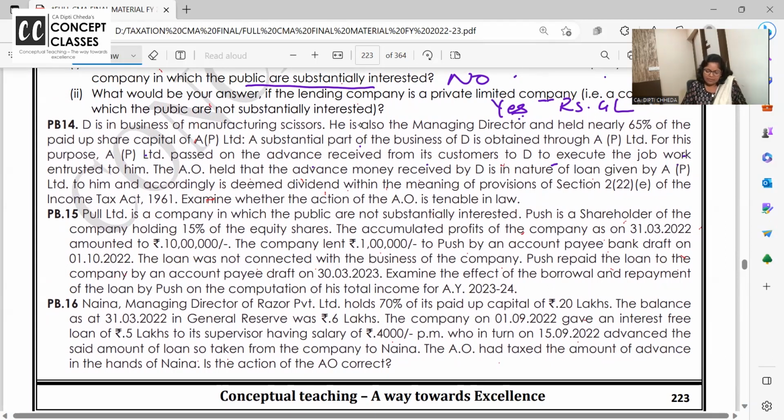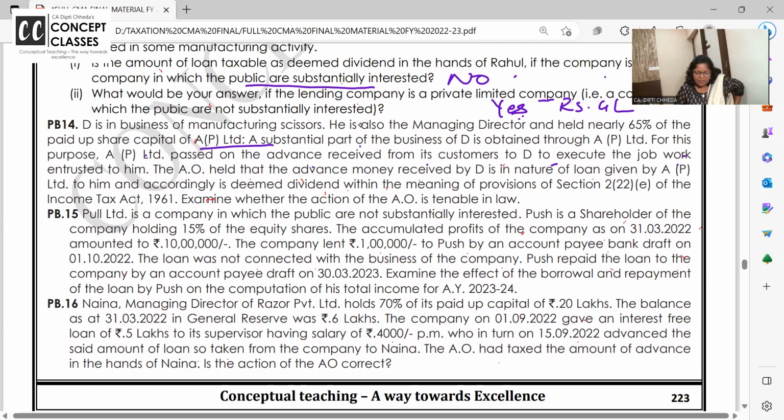Are you getting? D is in the business of manufacturing. He is also an MD and he owns 65% of shares of the private company. A substantial part of the business of D is obtained through the private company, for which the private company passed on advance received from customer D to execute the job.